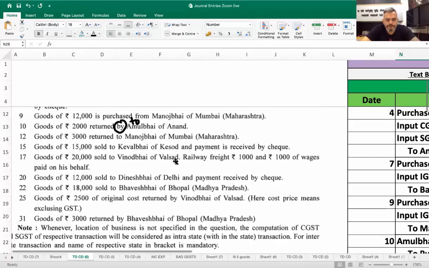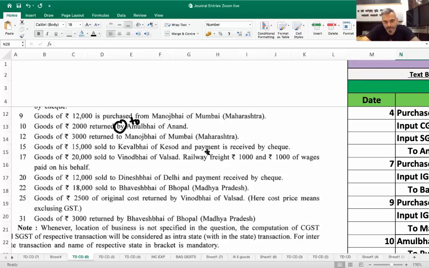Goods of 15,000 sold to Keval Bhai of Keshod and payment is received by check. Now we are selling goods to Keval Bhai of Keshod. Keshod is in Gujarat.